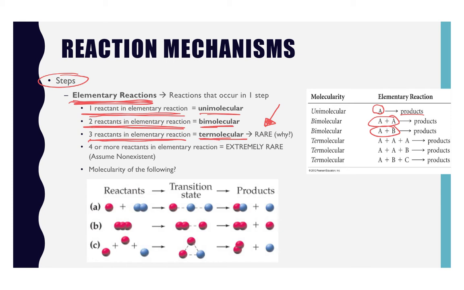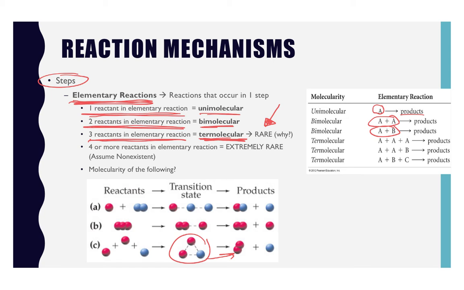So if something is termolecular, that requires three different molecules to all collide together at the exact same time to produce the products. Now you can imagine having three molecules all hitting together at the exact same time requires a lot more coordination, and is a lot less likely to happen than just two molecules hopping together.